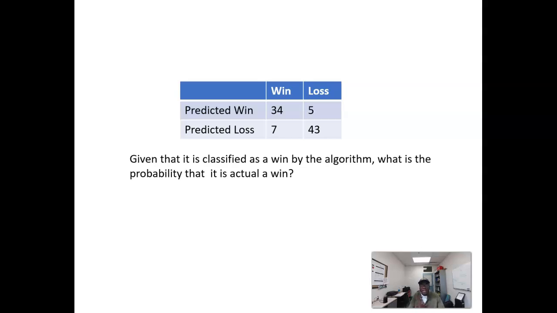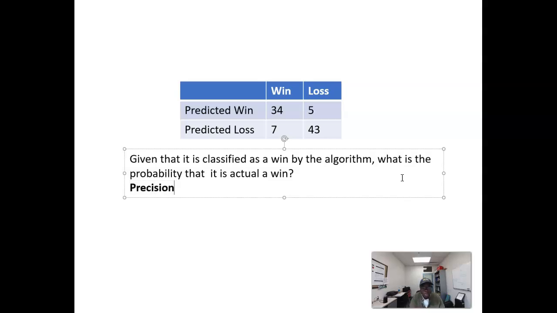Given that a game is classified as a win by the algorithm, that means we're looking at this row. Boom, 39. What is the probability that it's actually a win? What this is called in statistics is precision. How precise is your algorithm in classifying the level of the categorical binary variable of interest?